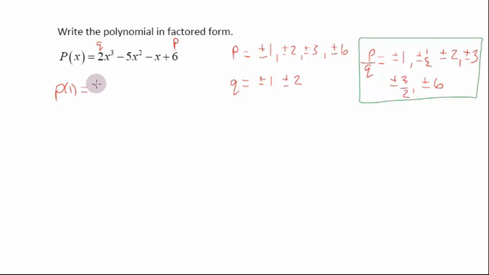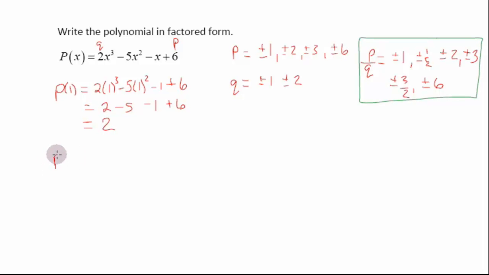So 1 in here, 2 times 1 cubed minus 5 times 1 squared minus 1 plus 6. Okay, 2 times 1, 2, minus 5 times 1, minus 5, minus 1 plus 6. Well, does this equal 0? No. Negative 5, negative 6, positive 6, it equals 2. So, positive 1 is not a 0.